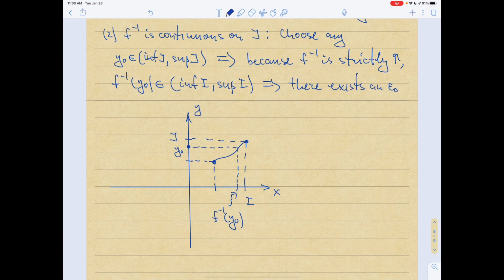some number epsilon 0 greater than 0, such that the set f inverse of y0 minus epsilon 0, f inverse of y0 plus epsilon 0.